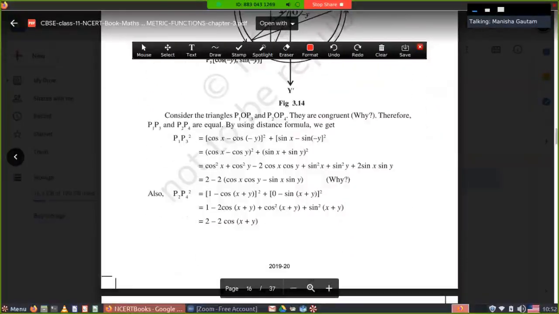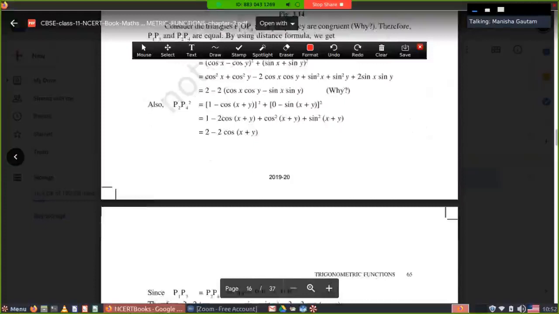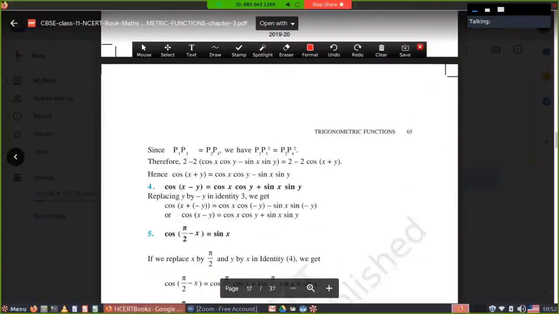This is P1P3 squared and P2P4 squared, the distance between these two points, and we equate them because of the congruency of the triangles. These two sides are equal. So when you equate these values, you will get the formula cos of x plus y is equal to cos x cos y minus sin x sin y.